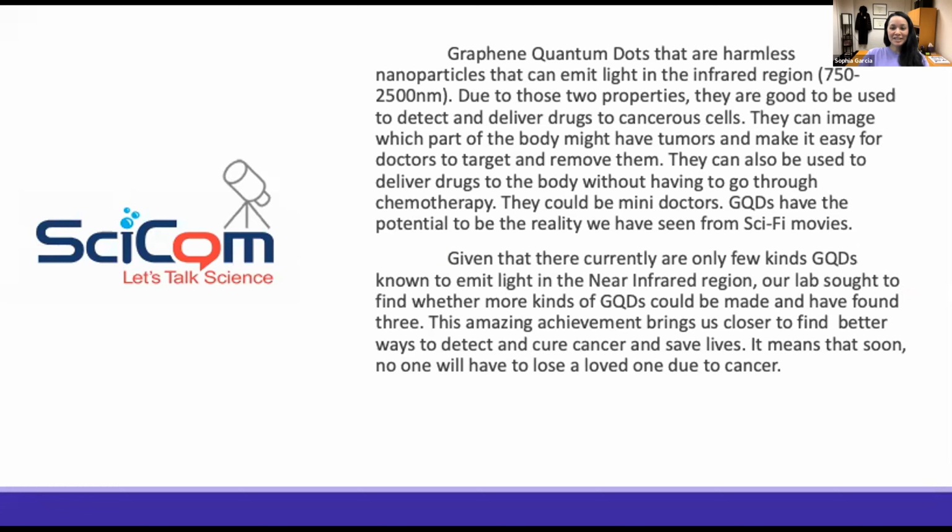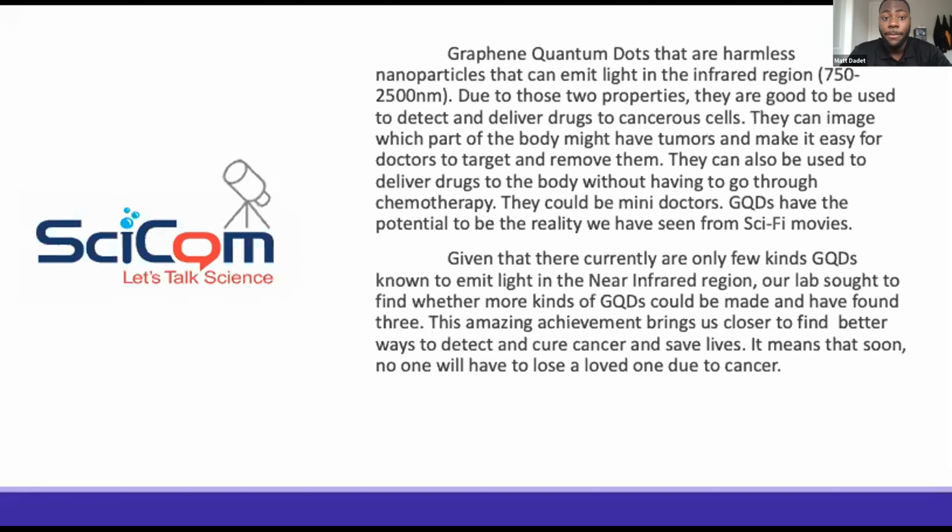We have a question that says, can you give details on how a light emitting property makes them good for detecting cancer? So due to their fluorescence, which is that light property, you can shine a light on them and they'll glow.